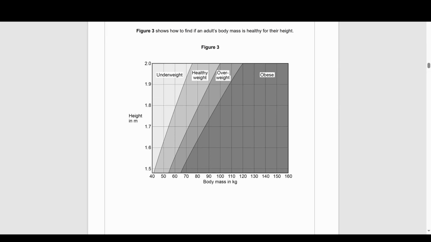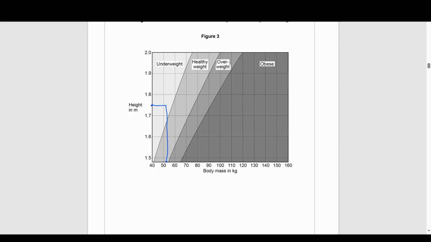So 52 should just be around here on our graph. And we're looking for 1.75. So 1.75 should be around halfway between them. So if we connect those 2 points on our graph, the person's category will be underweight.